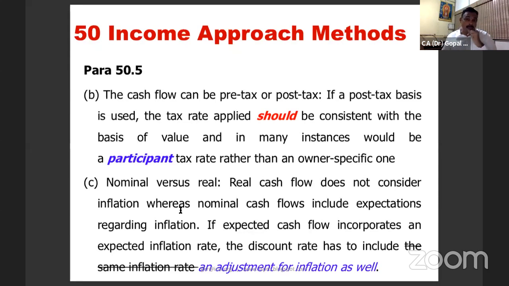And if you are using the weighted average cost of capital and free cash flow, it should be post-tax only, because in the weighted average cost of capital the cost of debt is also post-tax. Therefore, since your discount rate is post-tax, your cash flows also should be post-tax. So if a post-tax basis is used, then the tax rate applied should be consistent with the basis of value. Now, what if pre-tax cash flows are used? Then your discount rate should be pre-tax. Please be careful.